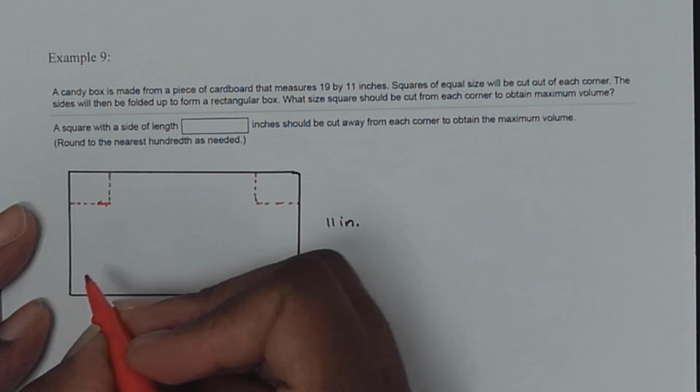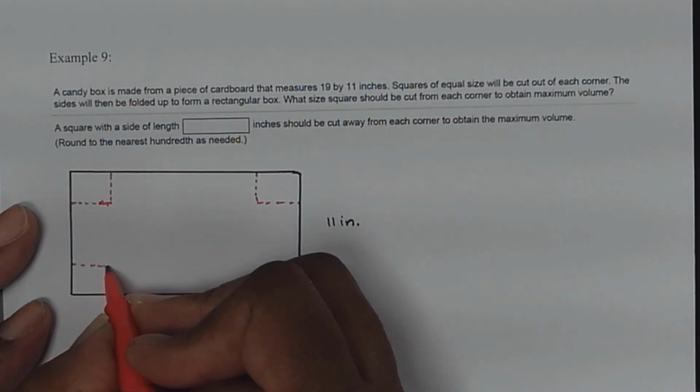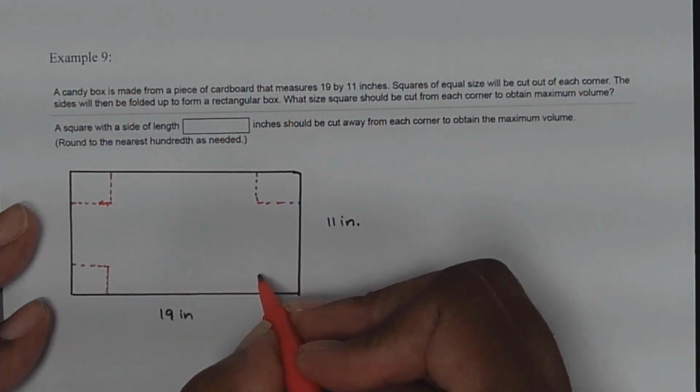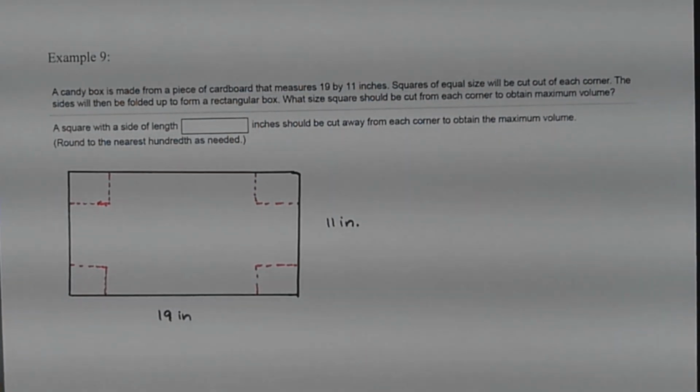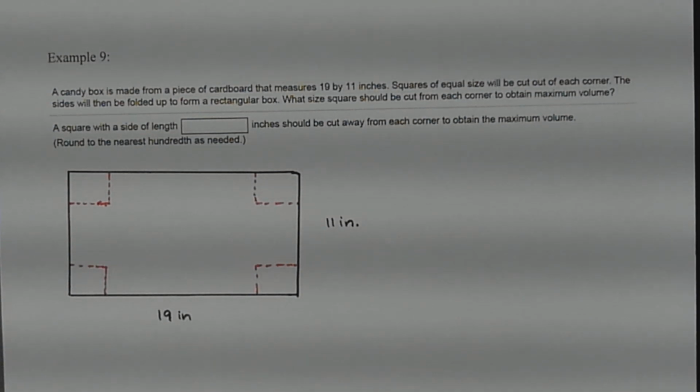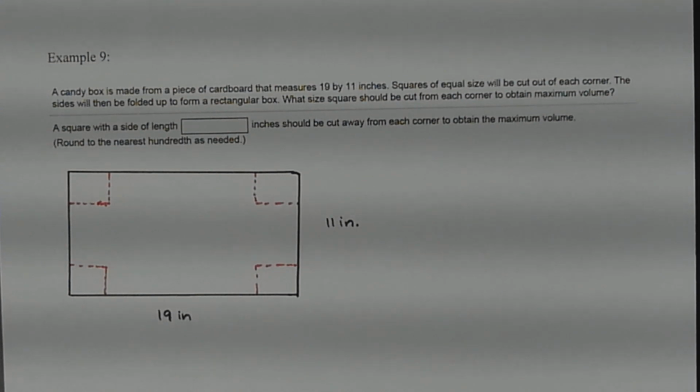Here's another square that's going to be cut out. Then another square will be cut out, and here's another square that would be cut out. Okay, and then they're going to be folded up to form a rectangular box. Now here's what we're going to do here.